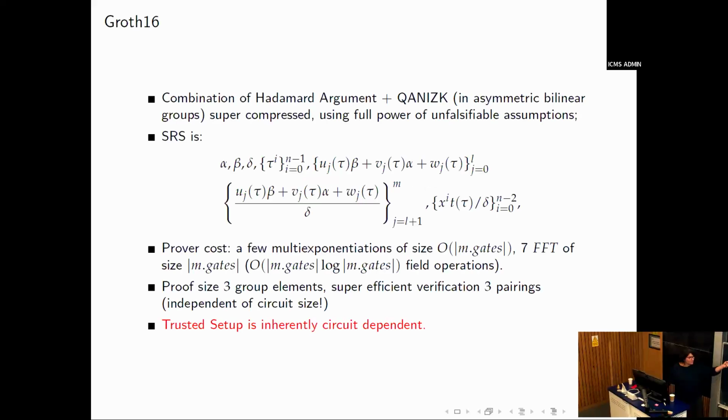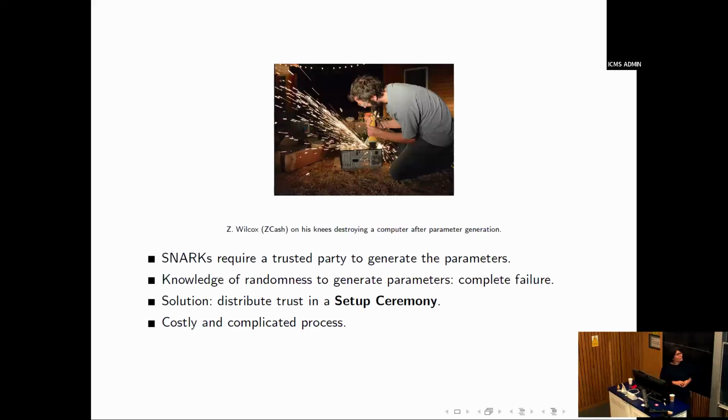So, why is this so bad? Is it really bad? That the trusted setup is inherently circuit dependent. Well, people who work in the area know that this is actually something quite bad. Why? Let's talk for a minute about trusted setups.